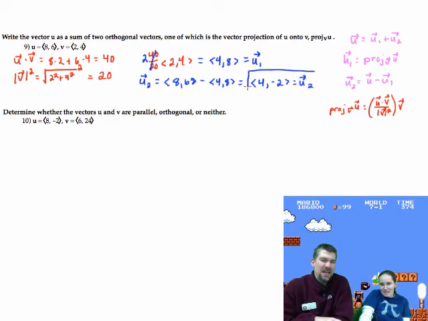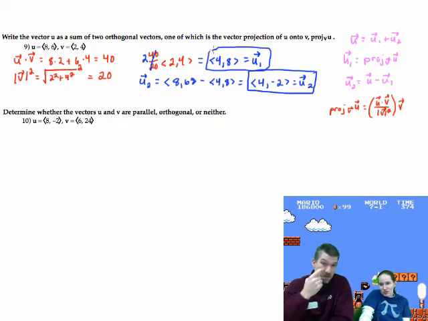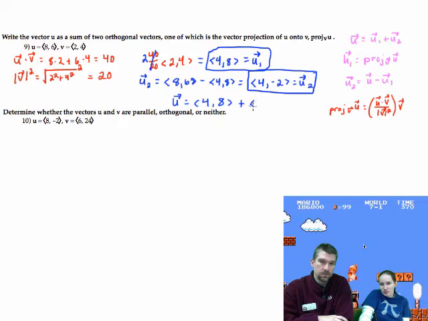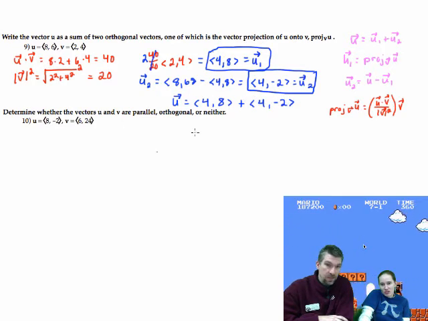Okay, so we've got u1 and u2. If you wanted to check yourself, those should add up to be what we originally had for u, which looks like it's going to be 8 and 6.